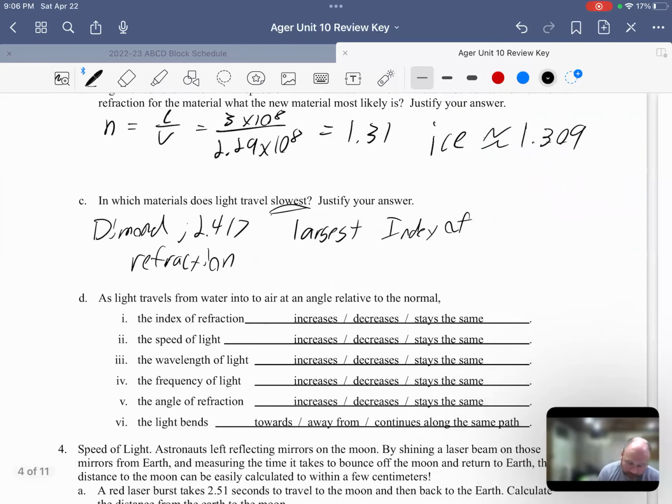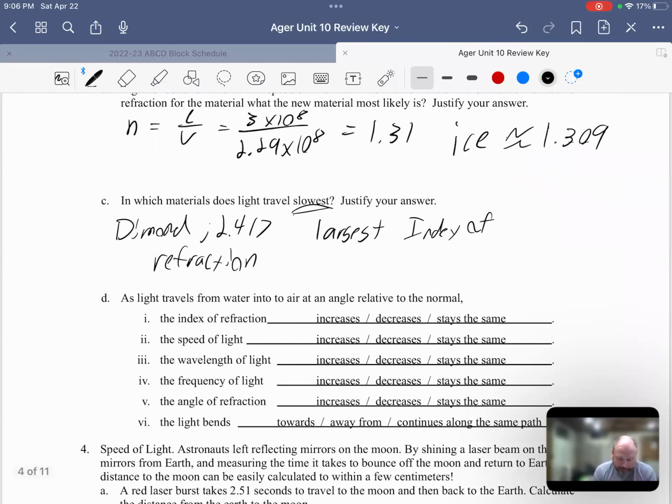All right. So now, our different trends here. As light travels from water into air, the angle relative to the normal. So this is referring to, you know what, let's do this straight across. I'm going to have the normal here. I'm going to have the light coming up this way. And so that's its incidence, right?